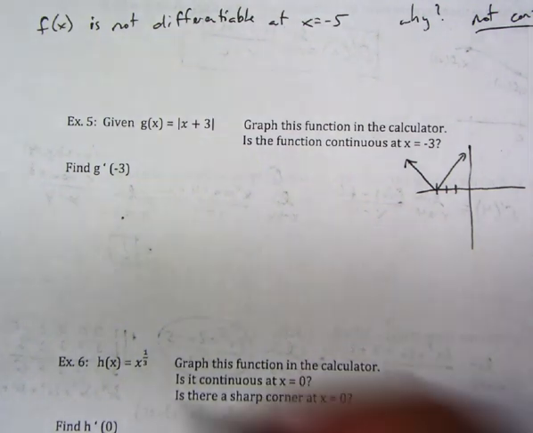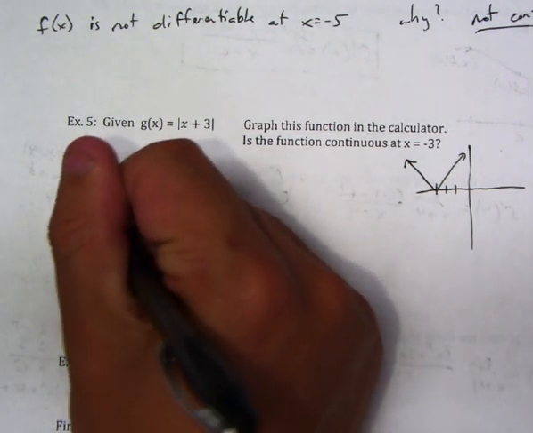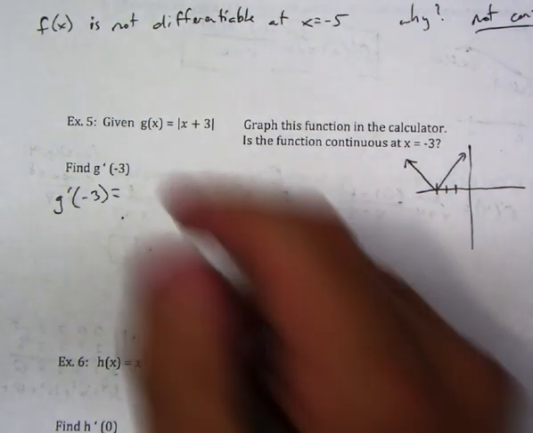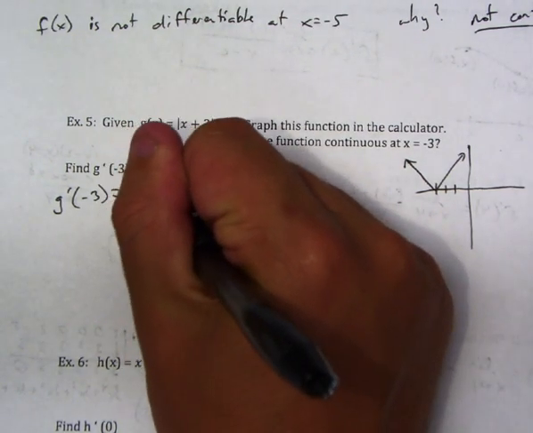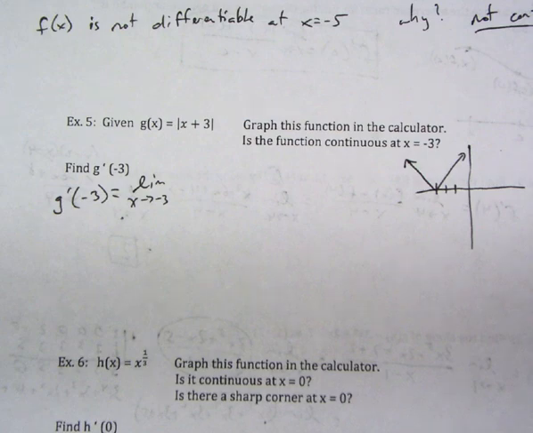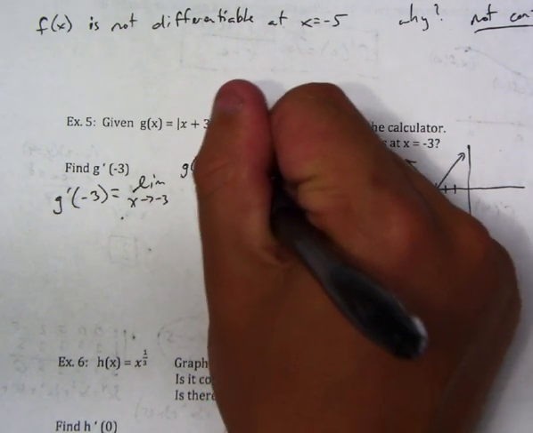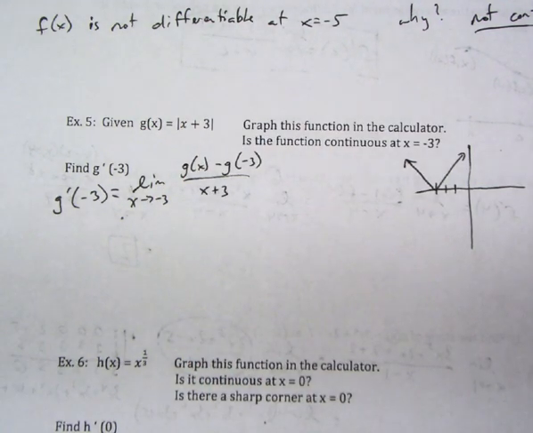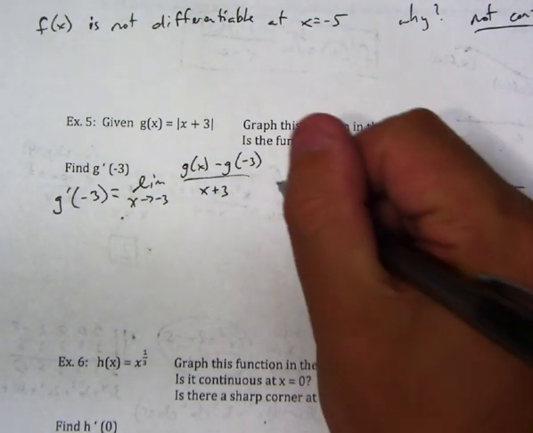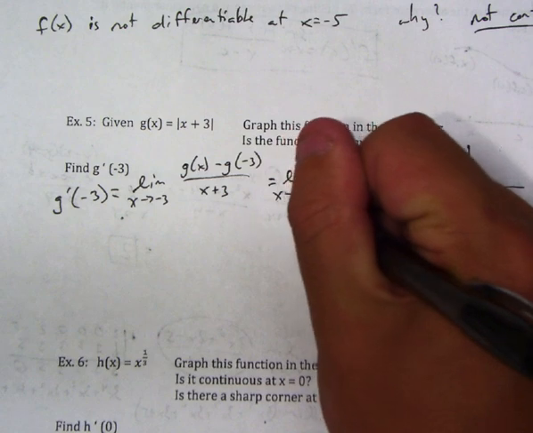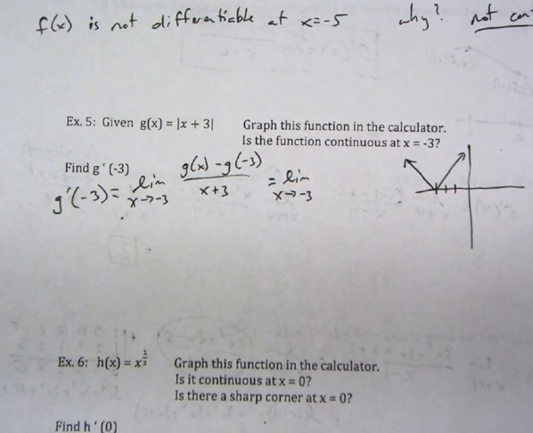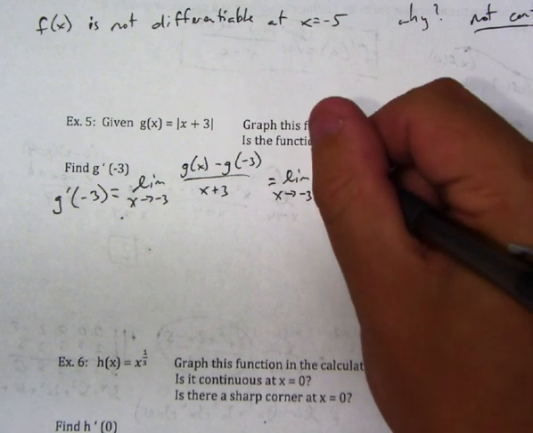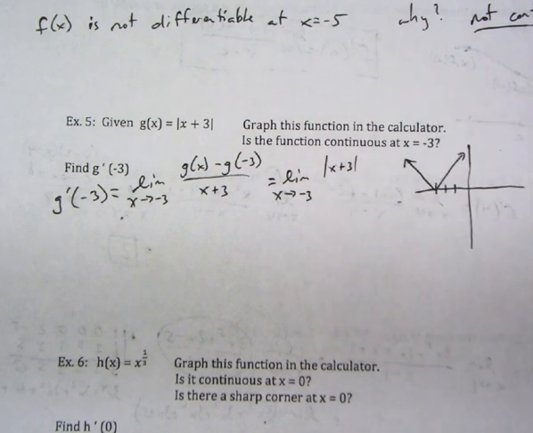So I'm going to go through the process. g prime of -3 equals the limit as x approaches -3 of g of x minus g of -3 over x plus 3. So I'm just setting up my limit work. And let's plug our stuff in. So we're going to take the limit as x approaches -3 of g of x, which is the absolute value of x plus 3, minus g of -3.